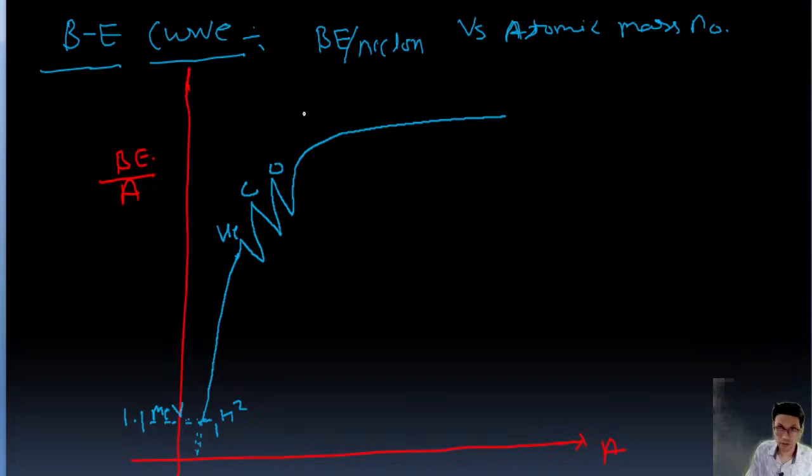Okay, and this is going to be like this. This is, guys, 8.8 MeV. This is the binding energy per nucleon.